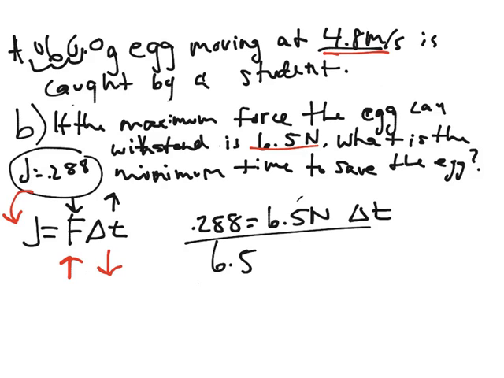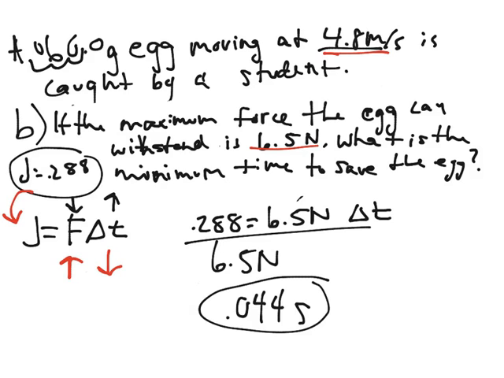Divide by 6.5 newtons on both sides, and you'll get, at minimum, we need 0.044 thousandths of a second. So we don't need a whole lot of time, but you do need a little give in that catch.